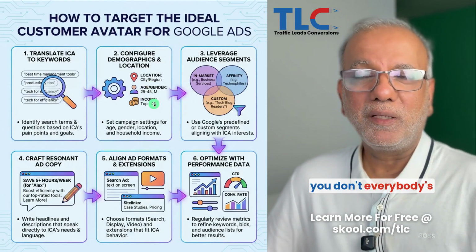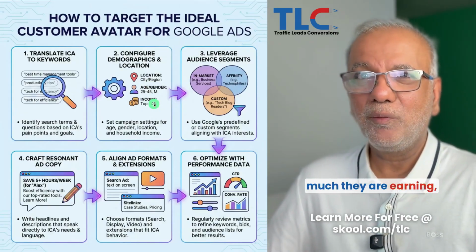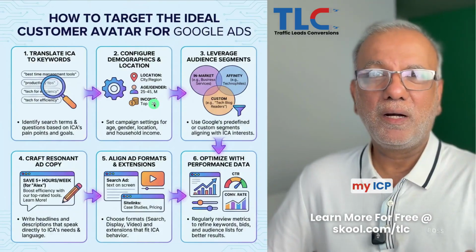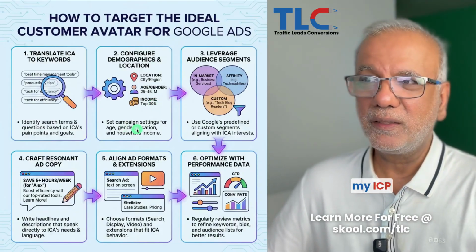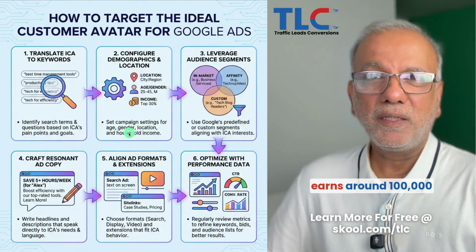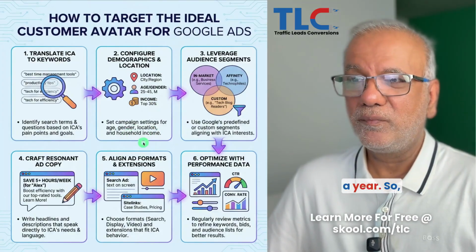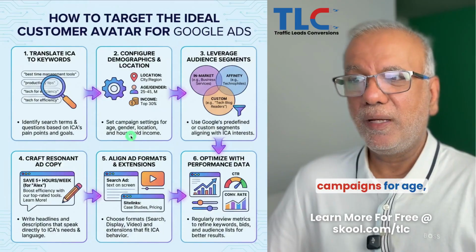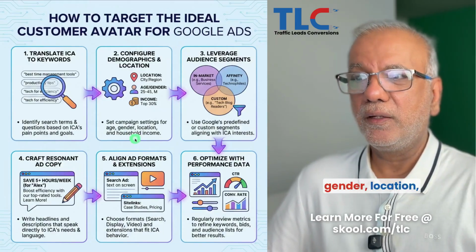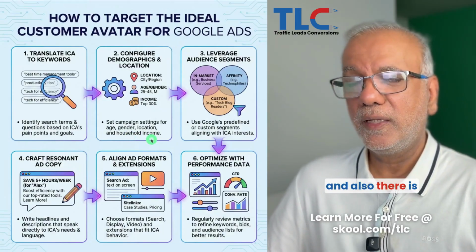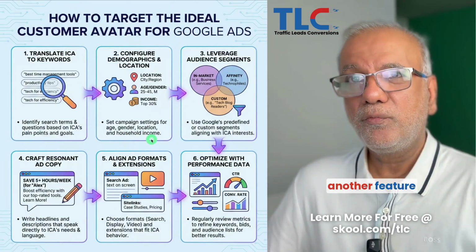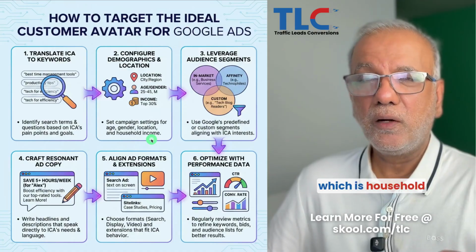Obviously, you don't know everybody's situation as to how much they're earning, but you should get an idea that, okay, my ICP earns around 100,000 a year. So you can set the campaigns for age, gender, location, and also there is another feature in Google Ads, which is household income.